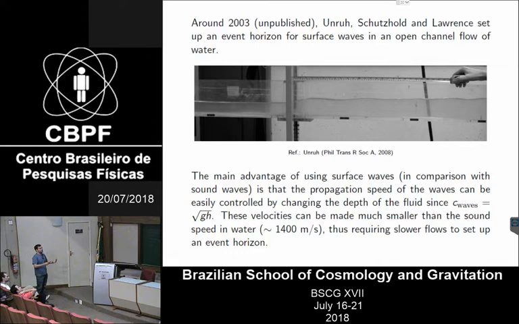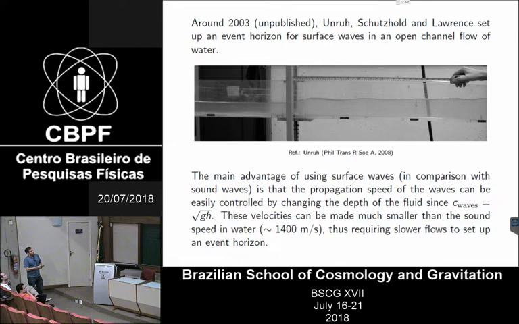So they call the event horizon a blocking region, and they have a parameter to estimate if the flow of the water is faster or slower than the speed of the waves, which is called the Froude number. But they never studied it in the context of black holes and really that only started when Unruh published his work.